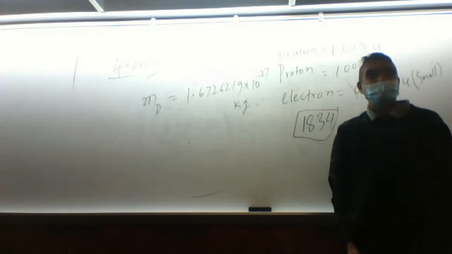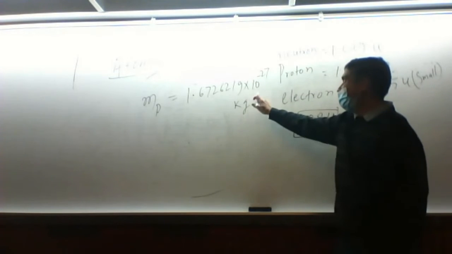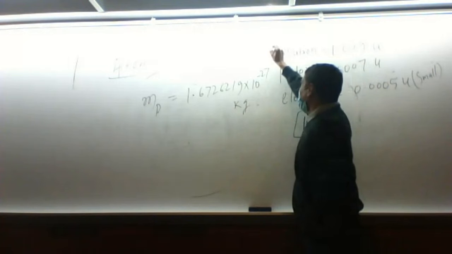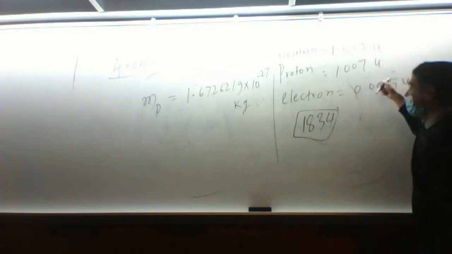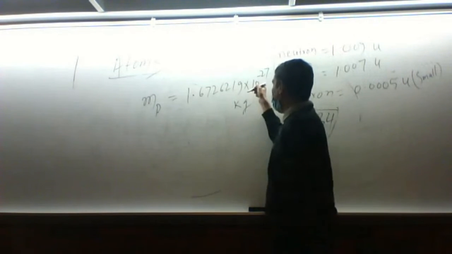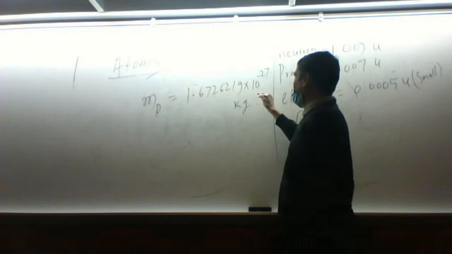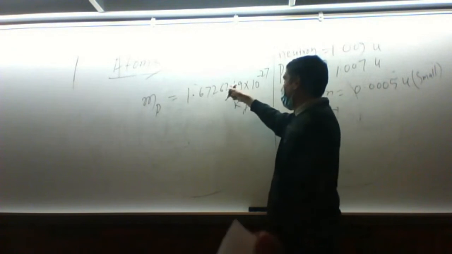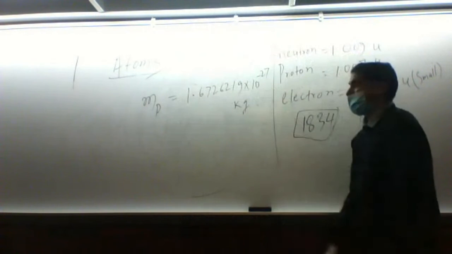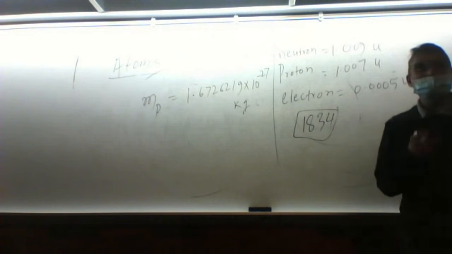Really small. The mass of the proton and the mass of the neutron is really small. This is in terms of atomic mass unit, and this is in terms of kilogram.